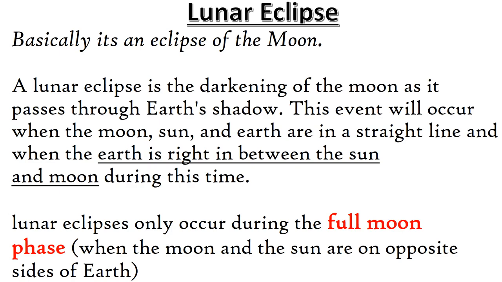This event will occur when the moon, sun, and earth are in a straight line, and when the earth is right in between the sun and moon during this time. Lunar eclipses only occur during the full moon phase. That is, when the moon and the sun are on opposite sides of the earth.